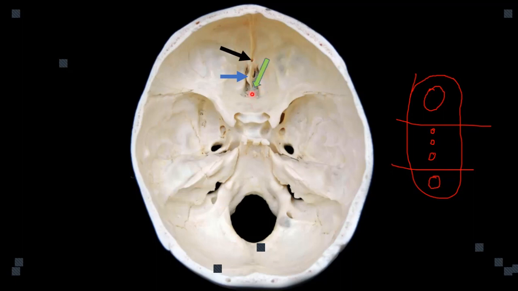Now those are the cribriform foramina through which olfactory nerves pass. Okay, so they pass from the olfactory mucosa found at the roof of the nasal cavity, and they move to the olfactory bulb. So the olfactory bulb will be lying on the surface of the cribriform plate.